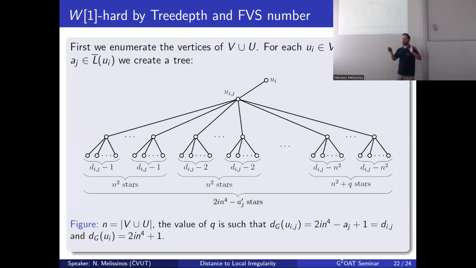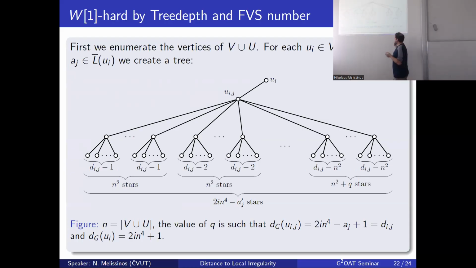So now I have fixed a degree that I don't want to use, and u_i is the original vertex of my graph, and a_j is the degree that I don't want to have in the final graph. Now, we are adding several trees, so basically you're forcing the two vertices to have the same degree. You also need to add some leaves there.